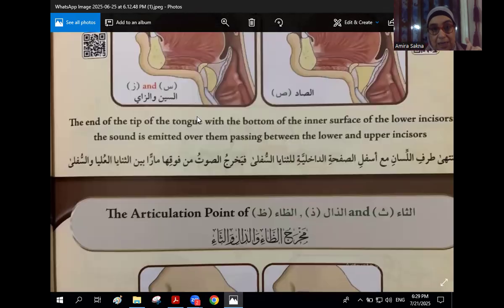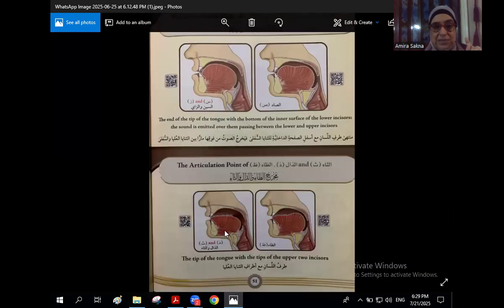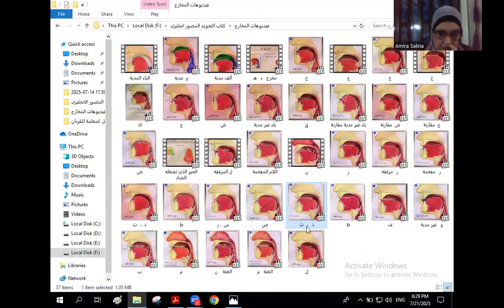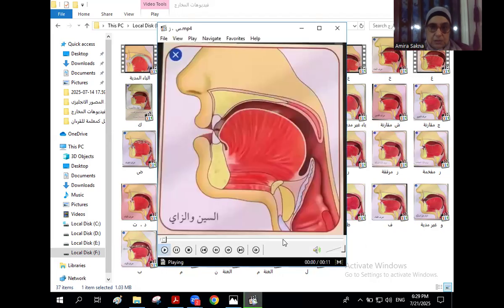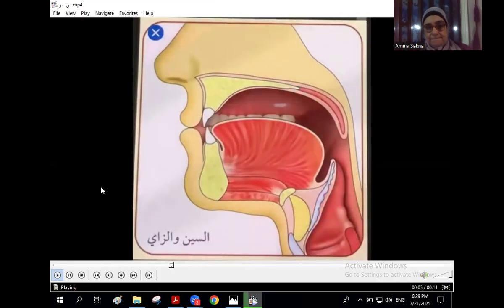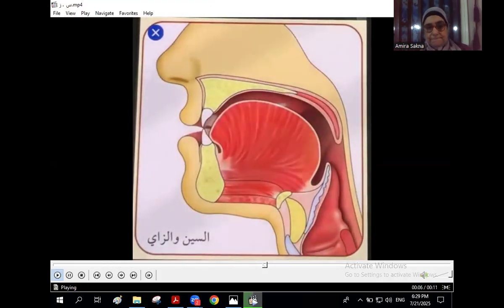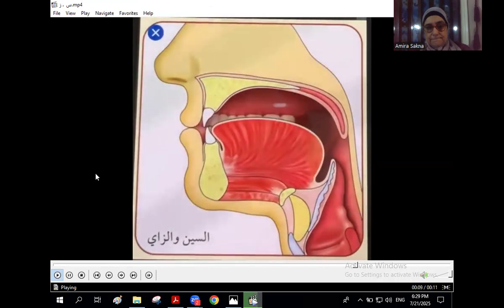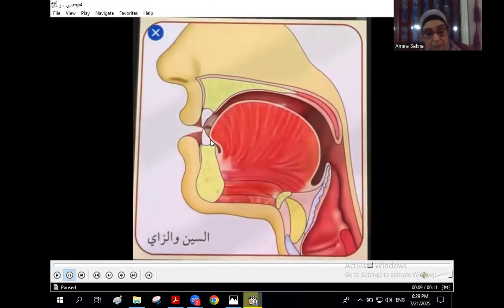For the last time, I will make you watch the two videos of zai and thal, so you will remember, inshallah. This is seen and thal. You see? The end of the tap with the bottom of the lower central incisors from inside, the inner part of the lower central incisors.